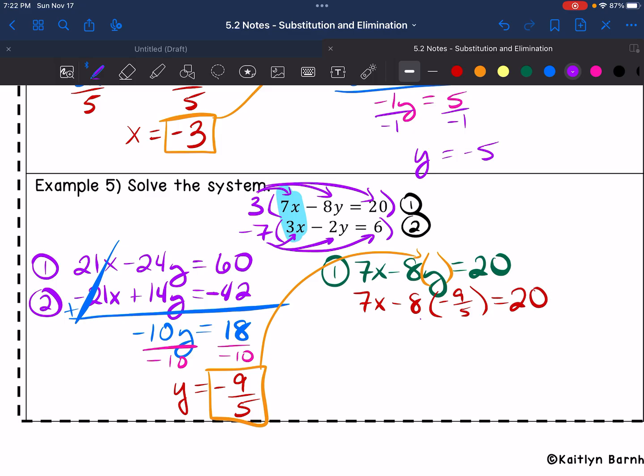So going through and simplifying, I've got 7x plus, and then 8 times 9 over 5 is going to be 72 over 5 equals 20. Then I've got to subtract 72 over 5 from each side.